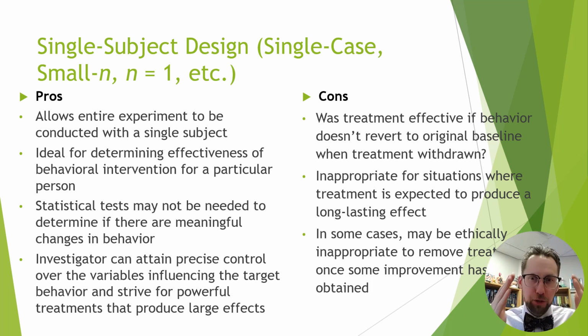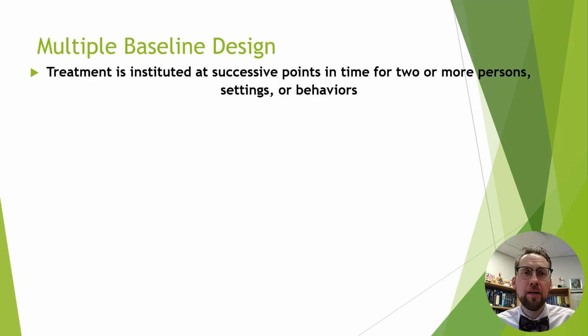If you have shown that your treatment, your intervention has made that child harm himself less, and you then withdraw that treatment, that's unethical because you know that it was helping the child, and yet you choose to remove it. Okay, so there are some ins and outs here that we need to talk about. How do you then handle these sorts of situations?